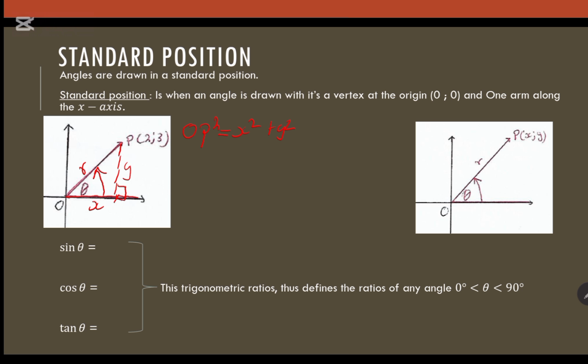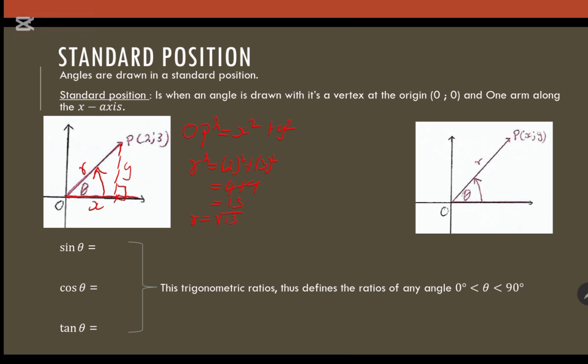But these values, they've got the coordinates there by the point P. So this is r squared is equal to 2 squared plus 3 squared. Now 2 squared is 4 and 3 squared is 9, and the final answer is 13. Therefore, r is equal to the square root of 13.